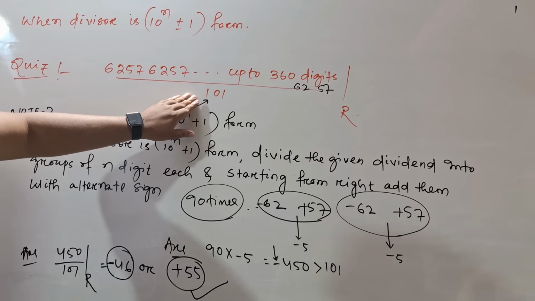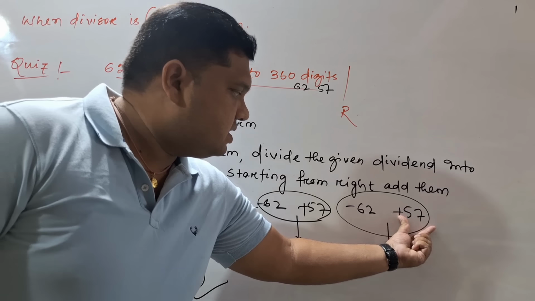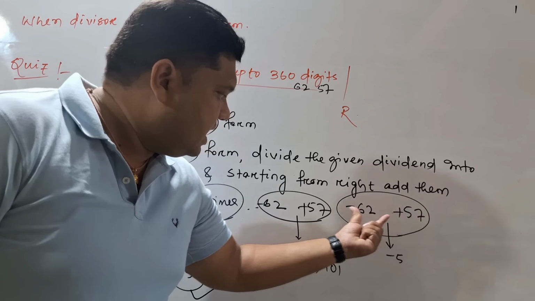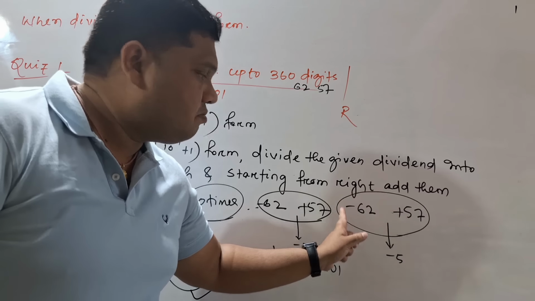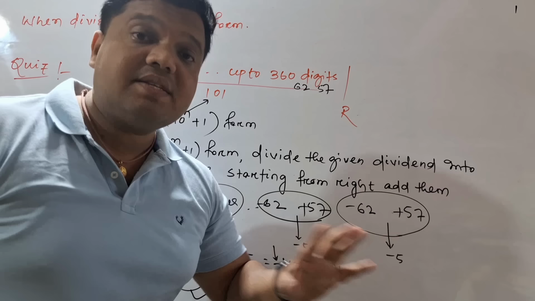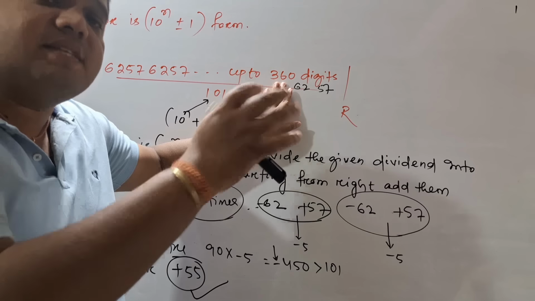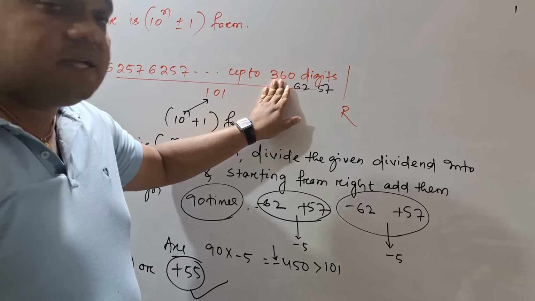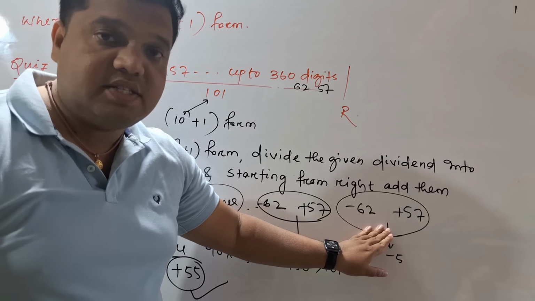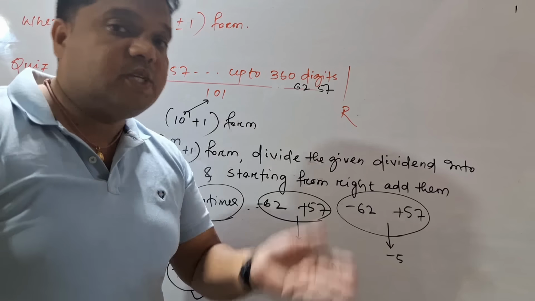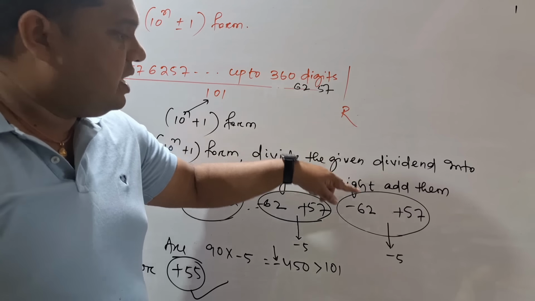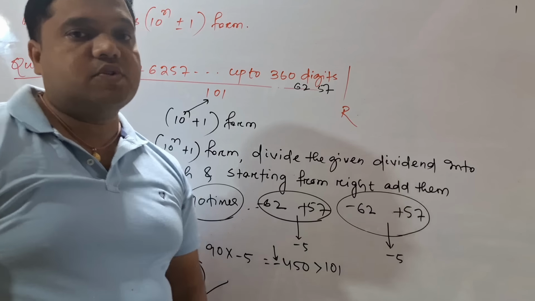And if it is 1001, here this is a 3-digit number, again a 3-digit number, plus minus, that means in a single pair 6 digits are there. Suppose 600 digits are available, and in a single pair 6 digits are there. So 600 by 6, 100 such pairs are possible.